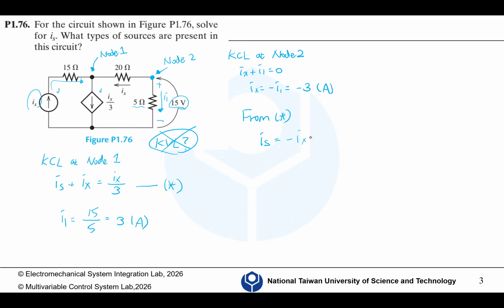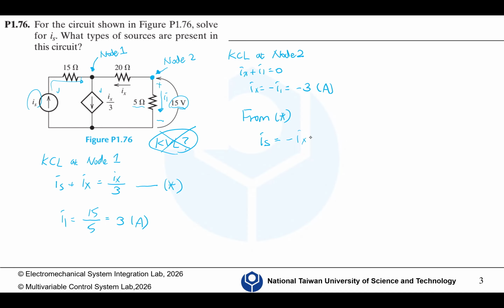So the current direction is flowing into node 1. For this current, it should be 0 minus V1, divided by 10.